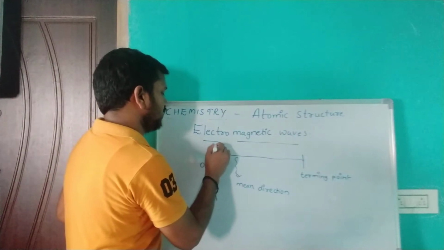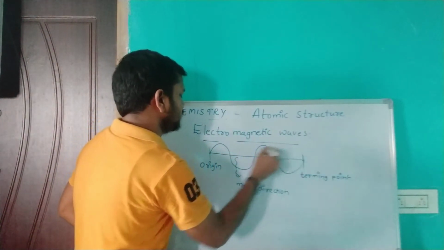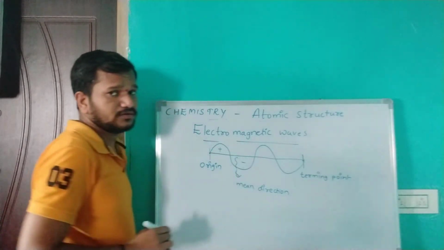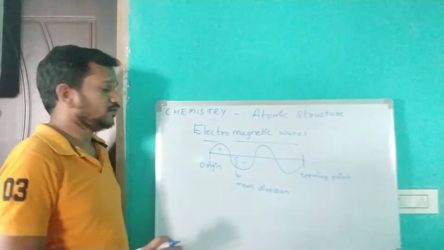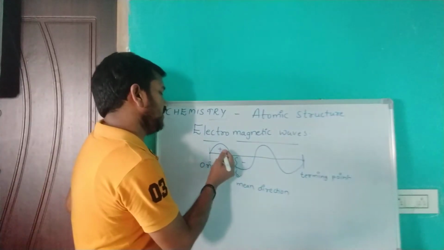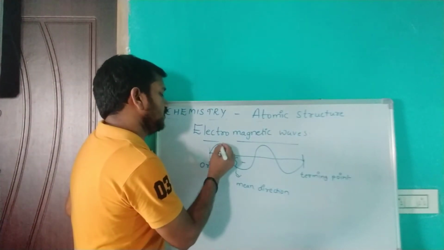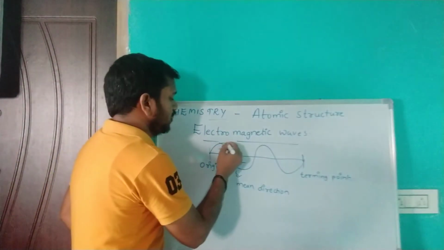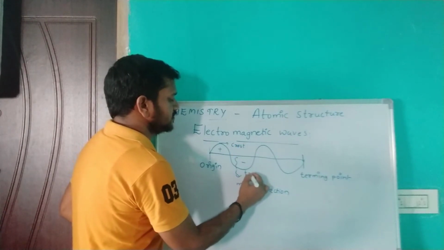The wave moves in both the positive direction and the negative direction. In the positive direction, the height is called the crest, and in the negative direction, it is called the trough.